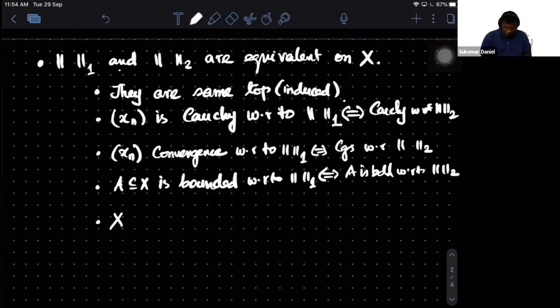Suppose X is a Banach space. Can you see it is also a Banach space with respect to the other norm?